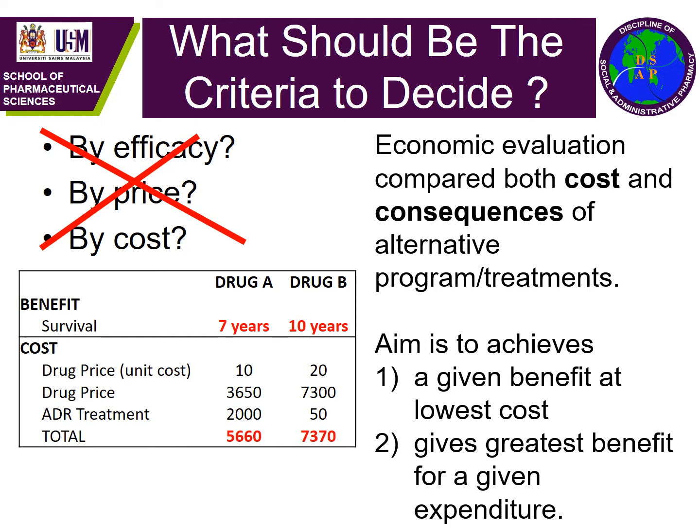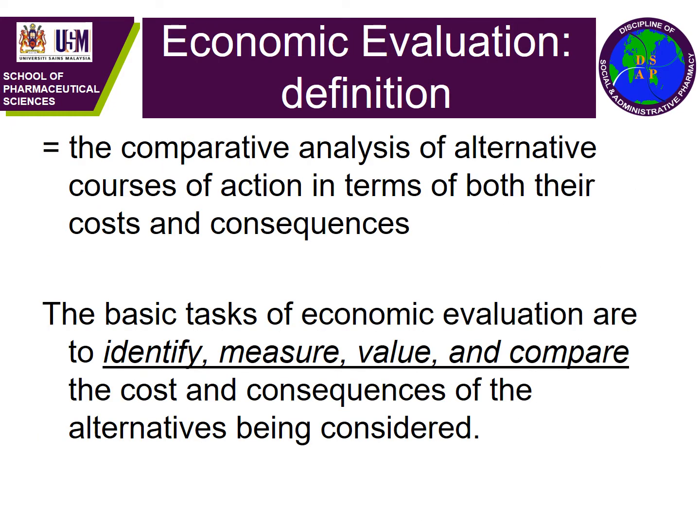Economic evaluations are one of the pharmacoeconomic tools that has been used by decision makers to inform them in terms of the cost and consequence comparison between these alternative programs and treatments. Economic evaluations allow decision makers to arrive at decisions that give them the best benefit at the lowest cost, the greatest benefit for an expenditure.